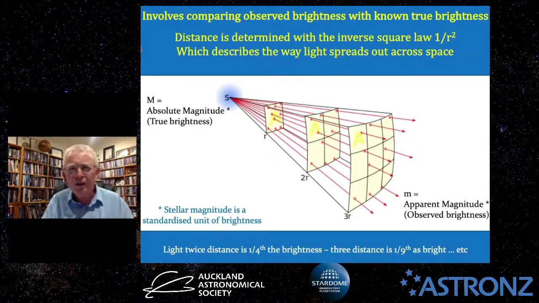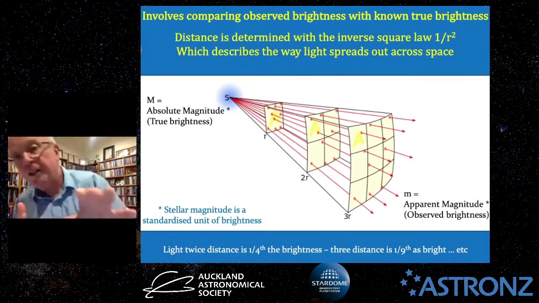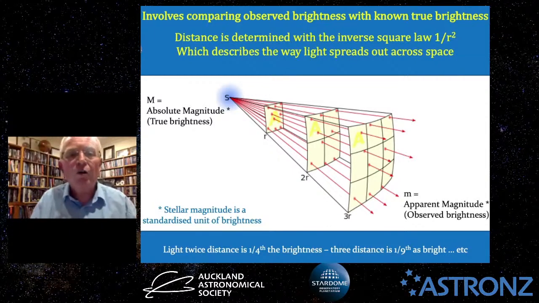You might say, well, how do they do that? Well, they use what they call the inverse square law, which is 1 over R squared, or D squared if you will, R or D being distance, and it describes the way light spreads out across space. So here's S for source, light spreading out like that to a set distance. If you double the distance, the brightness of the light will be 1 over 2 to the power of 2. In other words, 1/4 the brightness. If you go out a third, of course, light's spreading out more and more.